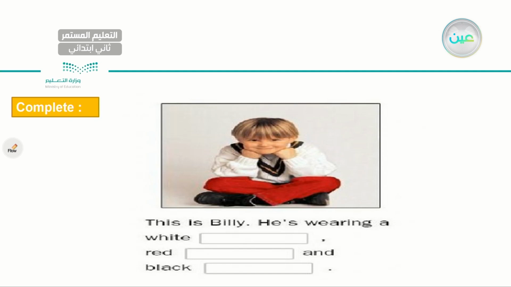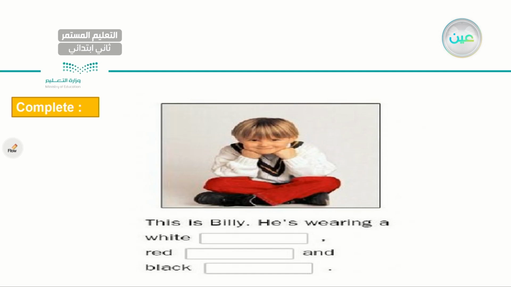Try to describe this boy's outfit or clothes. 30 seconds, and then let's reveal the answers together. Okay, so let's read together.